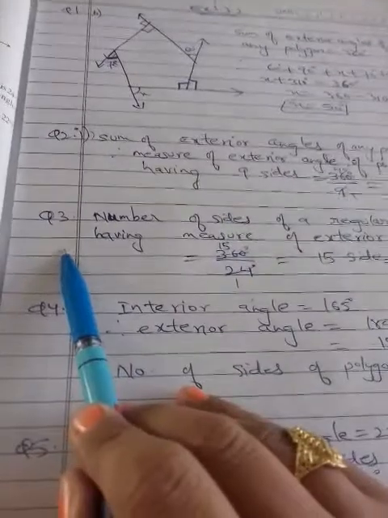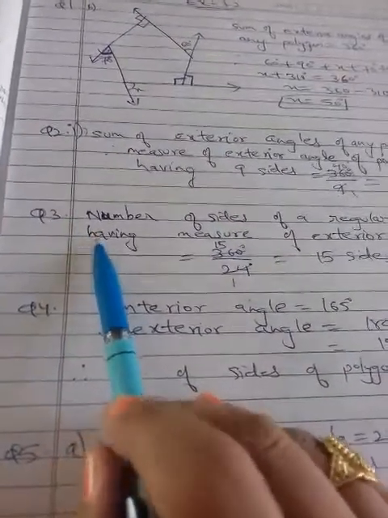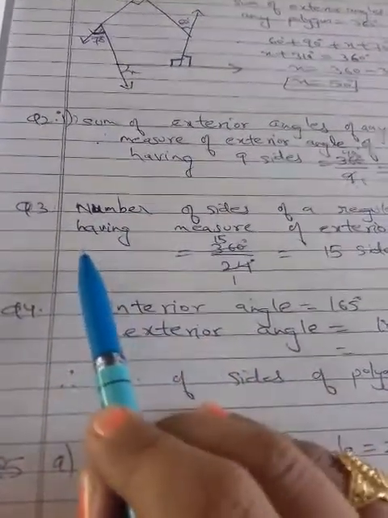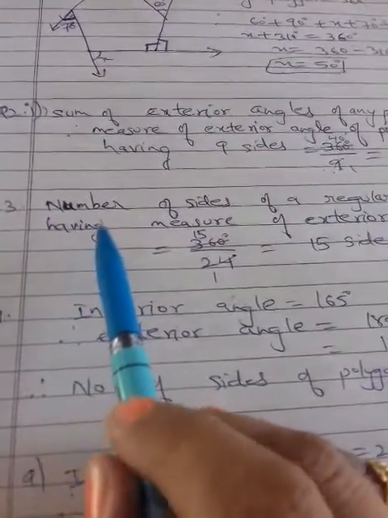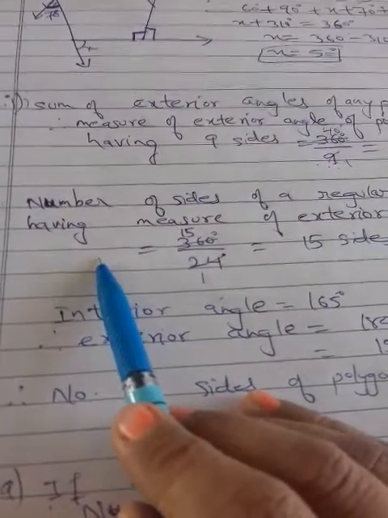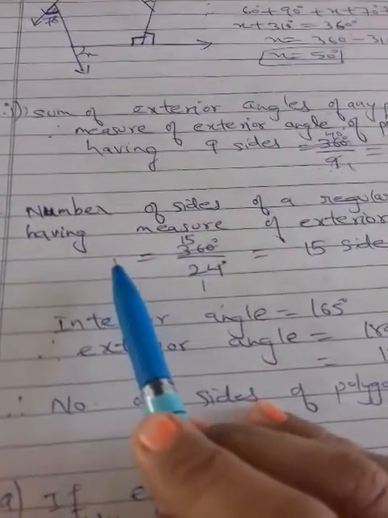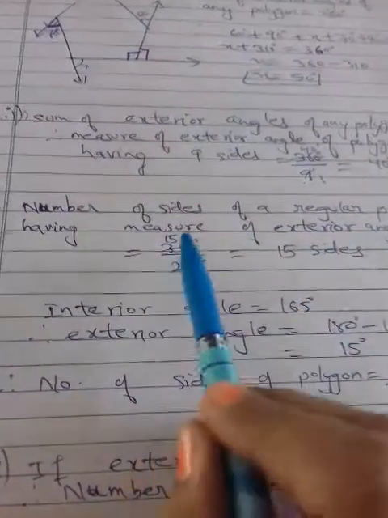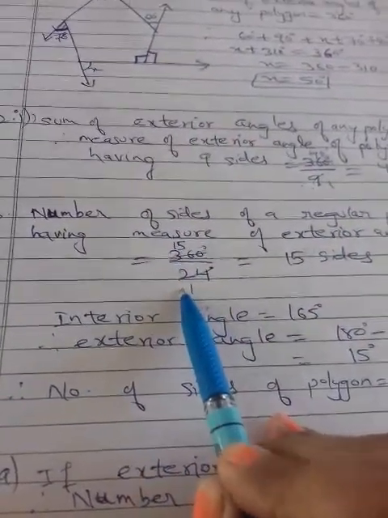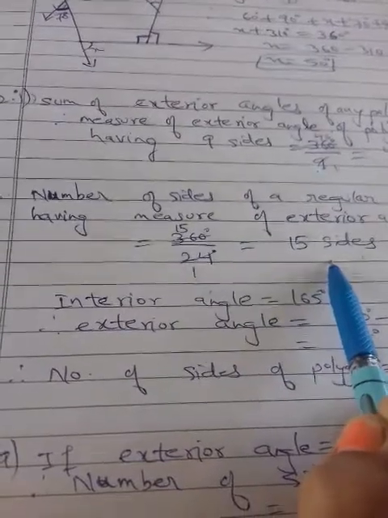Next is the third question. And this is the opposite of what was asked before. Here we have, how many sides does a regular polygon have if the measure of the exterior angle is 24 degrees? Here the angle is given and we have to find the sides.